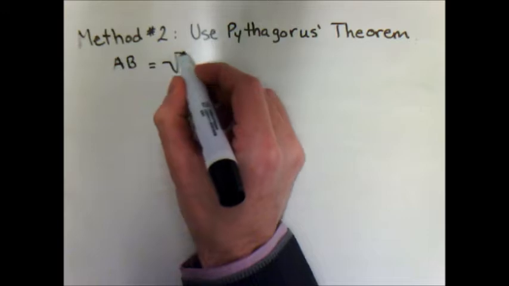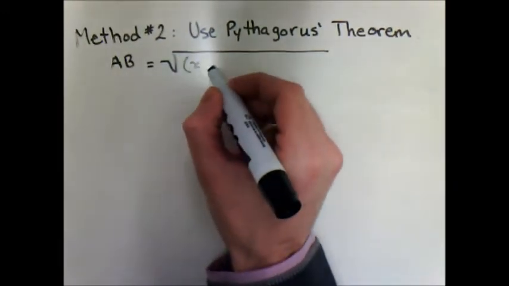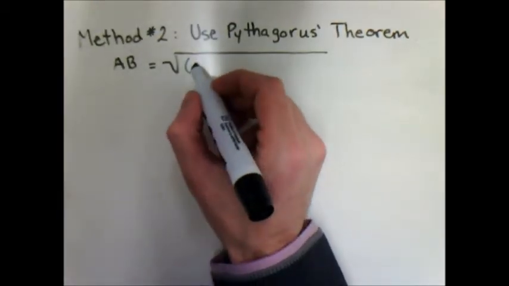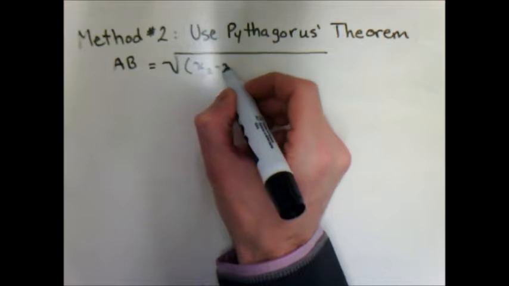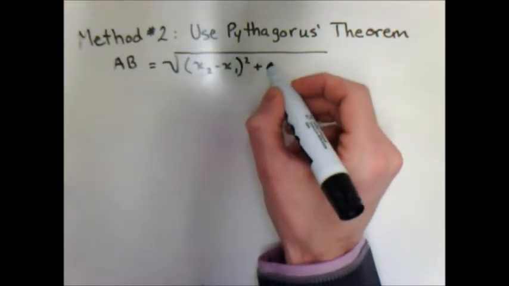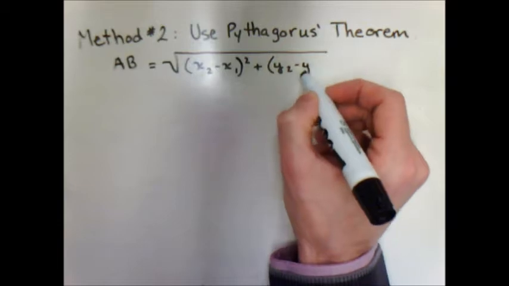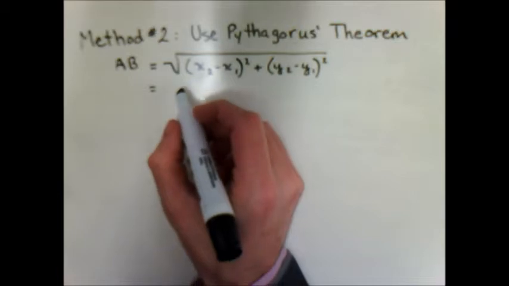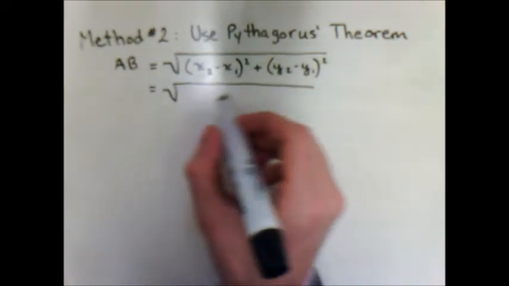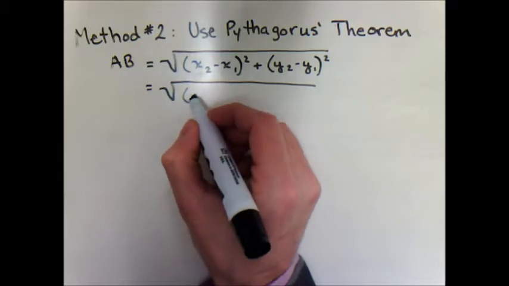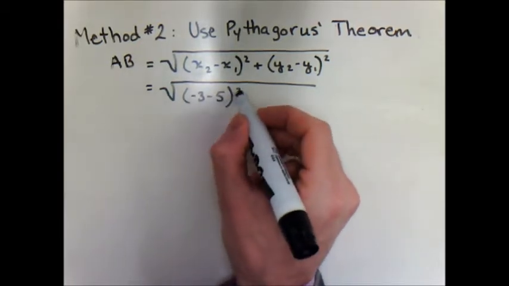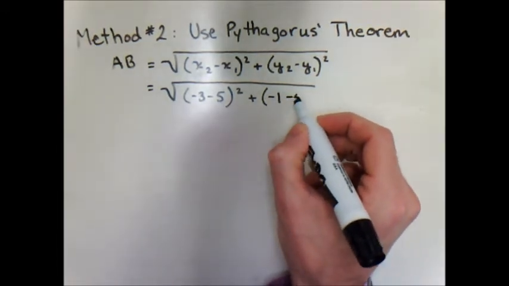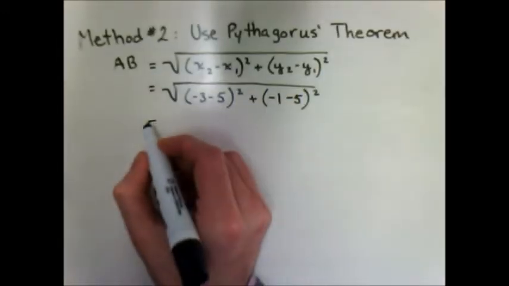Using our distance formula, we know that this is x2 minus x1 squared, the change in x, so the horizontal distance, plus y2 minus y1 squared. For the points A and B, we can sub in the values under the square root, also called a radical. So under the radical, we have -3 minus 5 squared plus, in a bracket, -1 minus 5 squared.